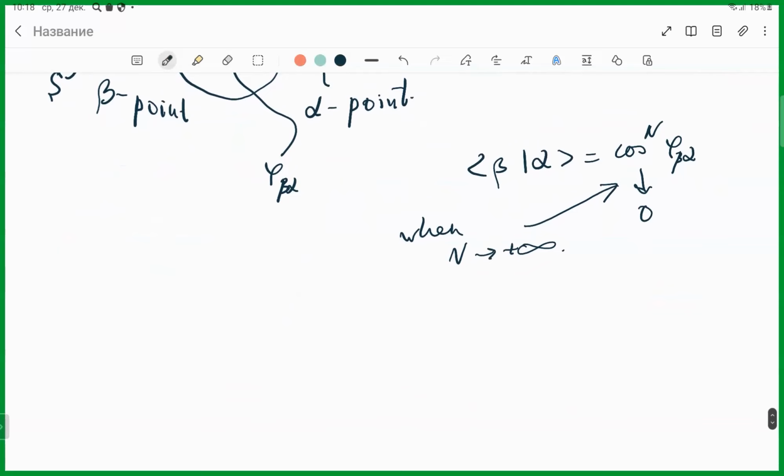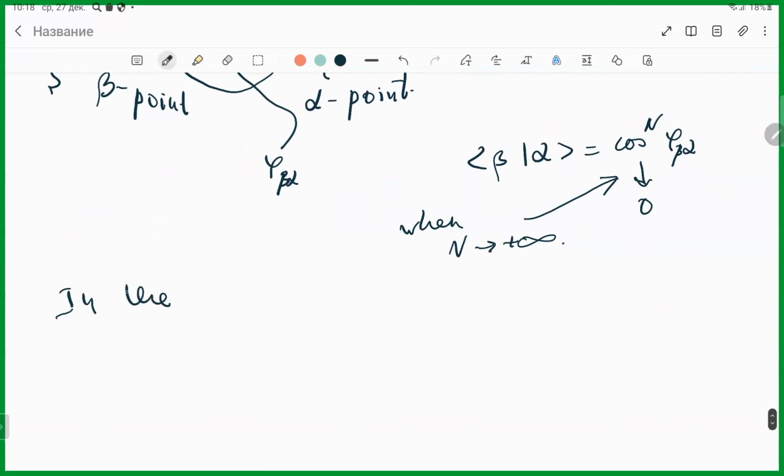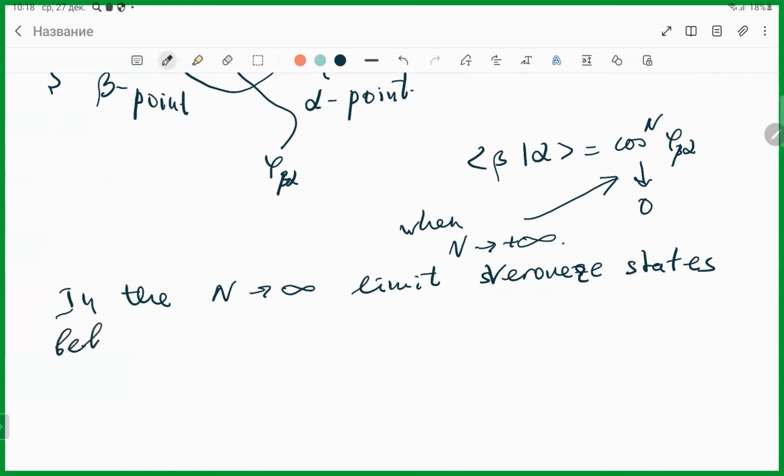The moral is that in the n going to infinity limit, Veronese states behave like points.